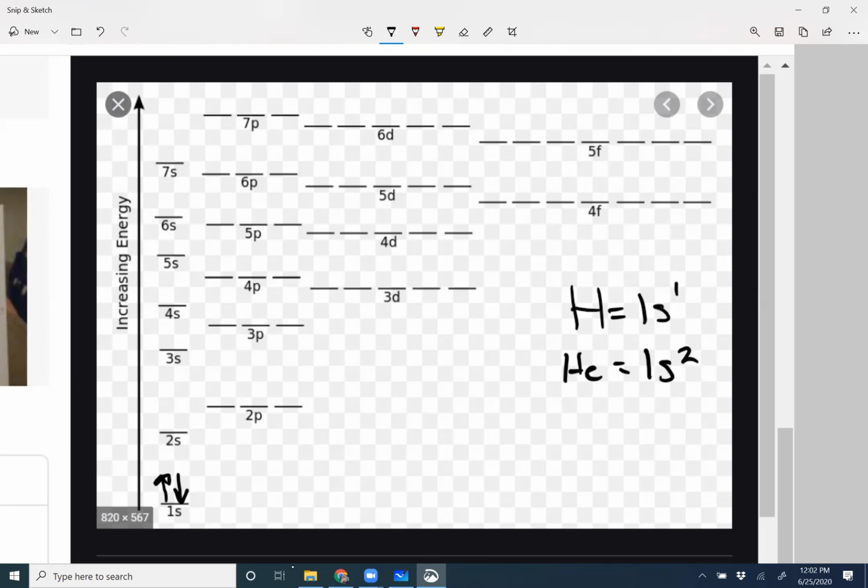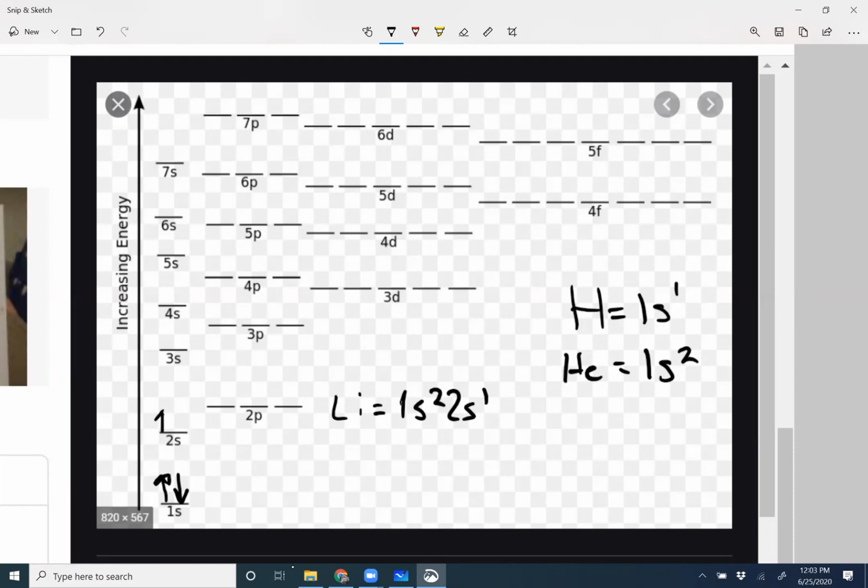If we go to the very next element on the periodic table, we go to lithium. Lithium has 3 electrons, so 1 here, 1 there, and then 1 there, to give us 1s2, 2s1.